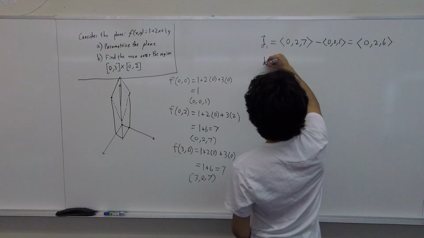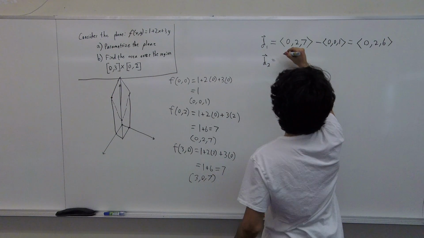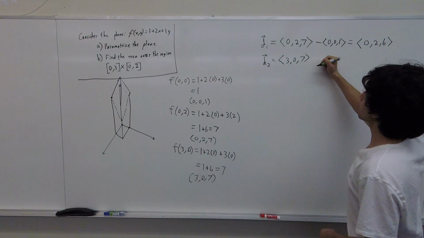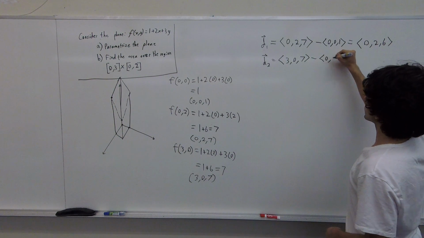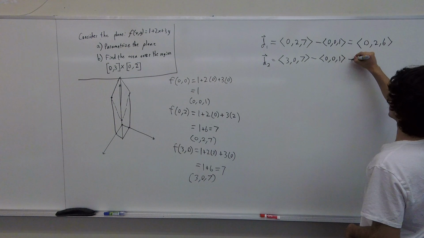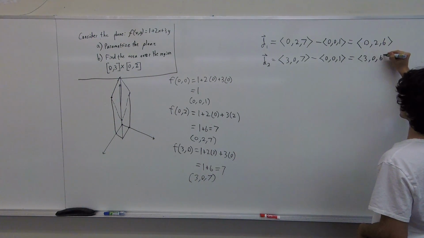Similarly for D2, we start out at this point, which was 3, 0, 7, and we subtract the same vector, which is the starting point, and this will give us 3, 0, 6.